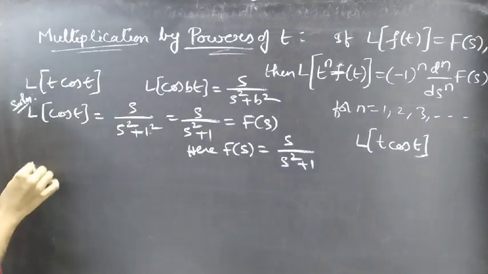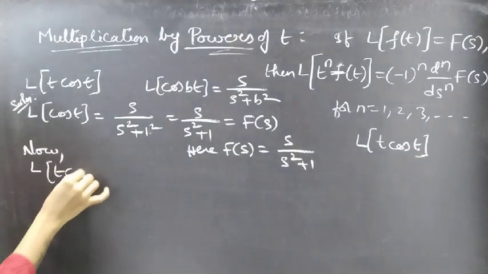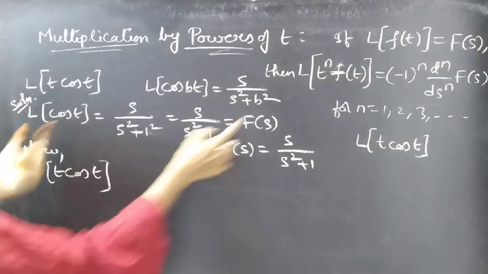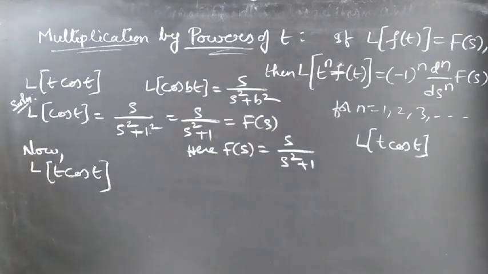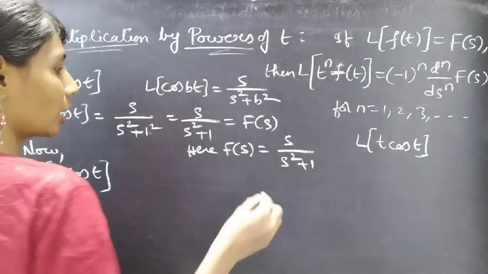Now coming to the problem, L of t cos t. If L of f of t equal to f of s, then L of t power n f of t equal to minus 1 power n d power n by ds power n into f of s. So here we have power 1, right? So we have to apply this formula for n equal to 1.